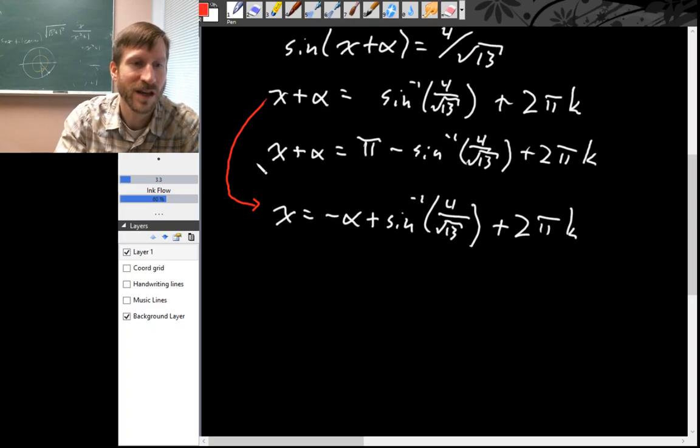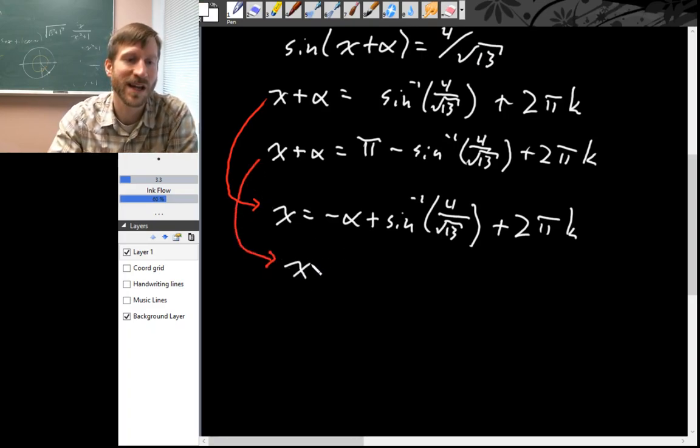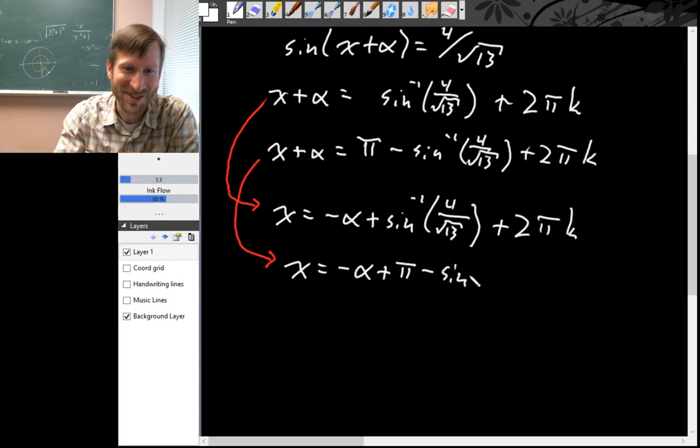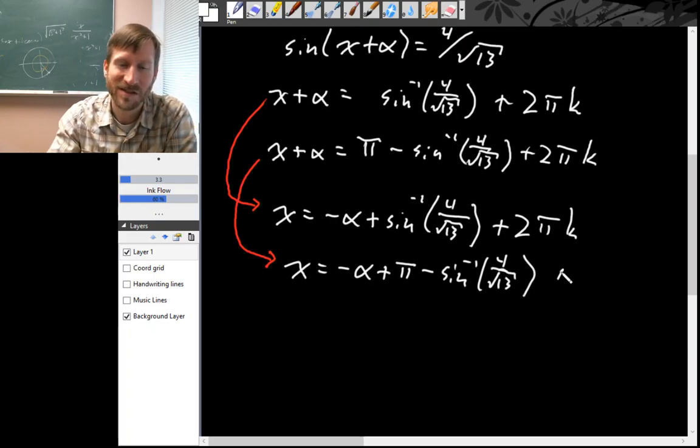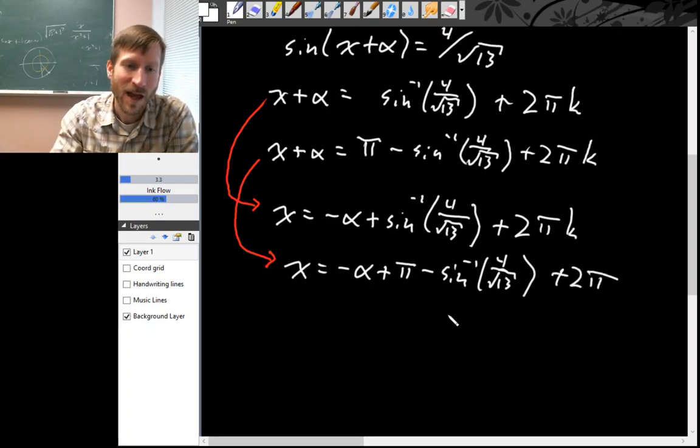And for the second collection of solutions, the symmetric solutions, we get x equals negative alpha plus pi minus inverse sine of 4 over root 13 plus 2 pi k.